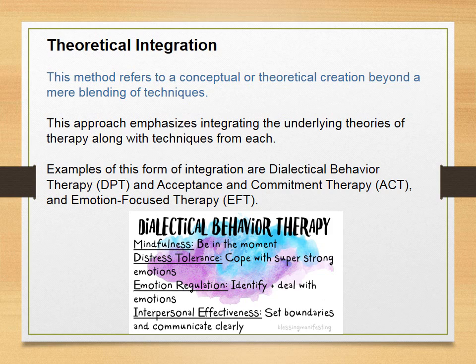Examples of this form of integration are dialectical behavior therapy, DBT, and that is being mindful, distress tolerance, coping, emotion regulation, dealing with your emotions, and interpersonal effectiveness, i.e., setting boundaries. Acceptance and commitment therapy, and emotion focus therapy. So as you can see, there are so many different kinds of therapy, even within the overarching idea of a theory.